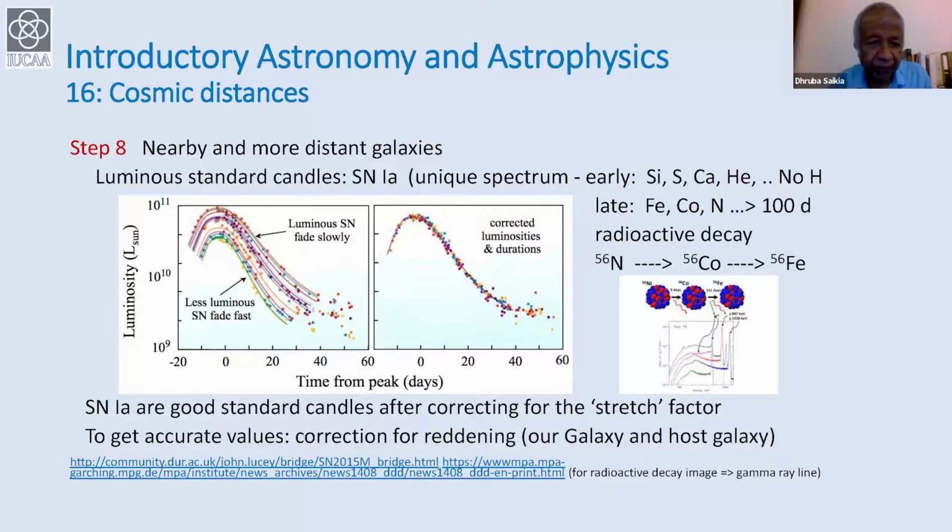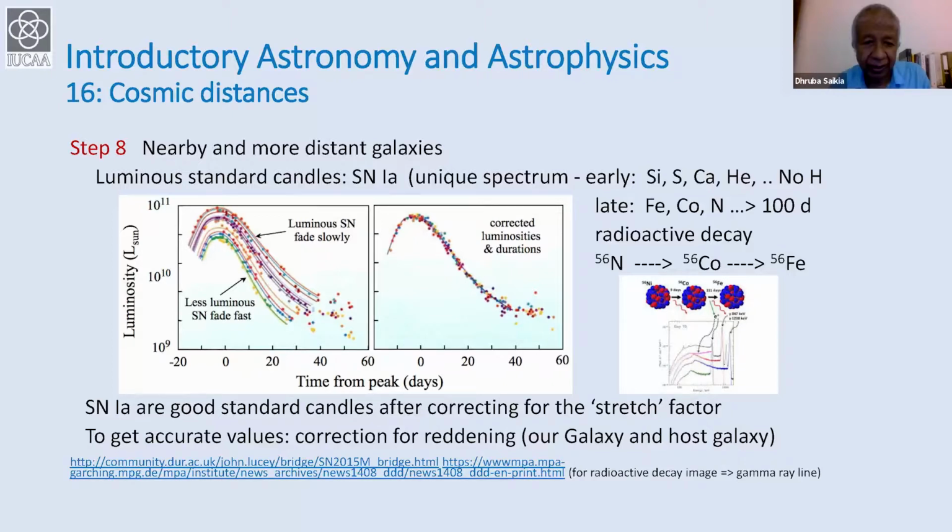So this is what is often referred to as a stretch factor. And if you correct for that and allow for that, then you have a light curve which can provide a very standard candle.